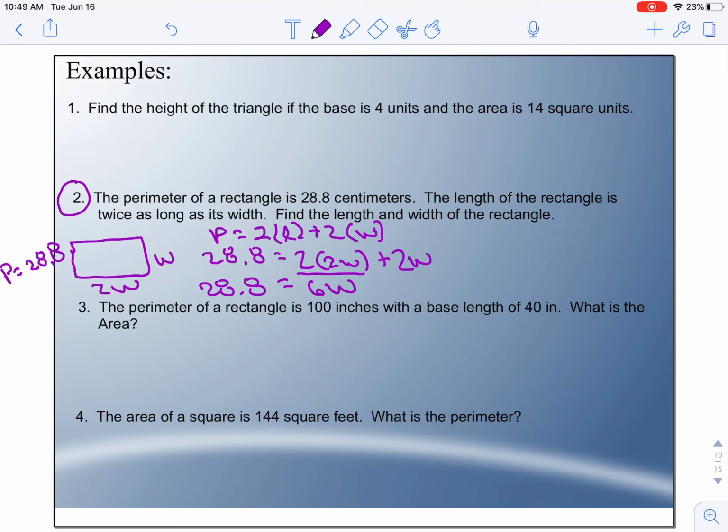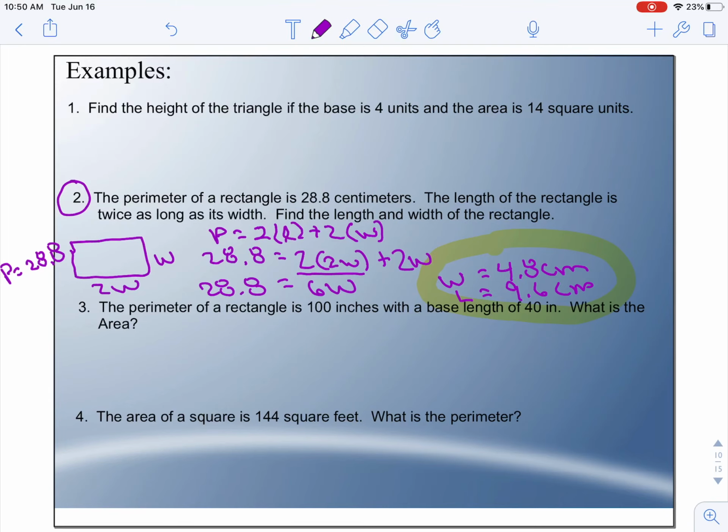Now we just divide by 6 on each side, and we get our width then is equal to 4.8 centimeters. And the length then is twice that, so that is going to be 9.6 centimeters. So that's how we work backwards.